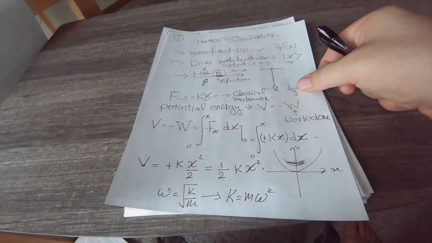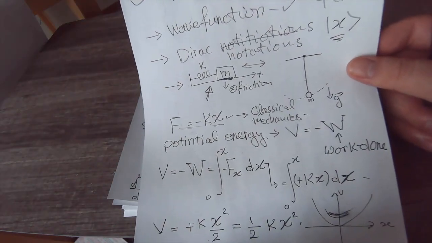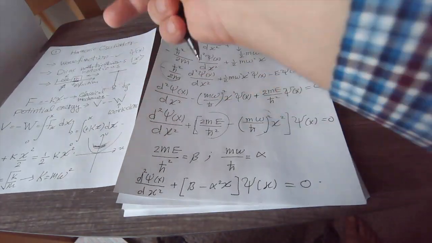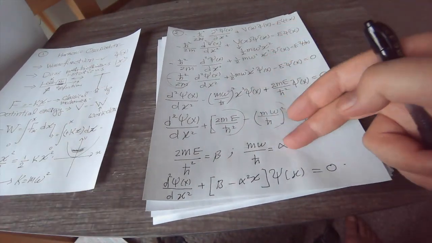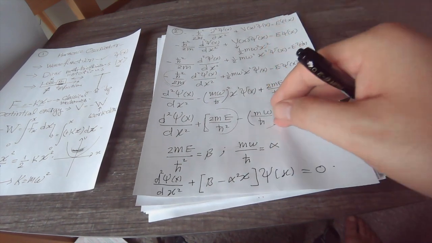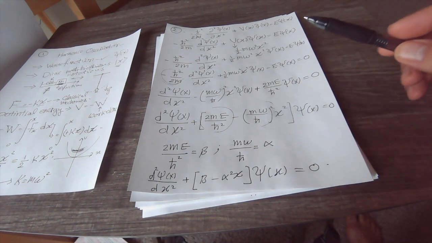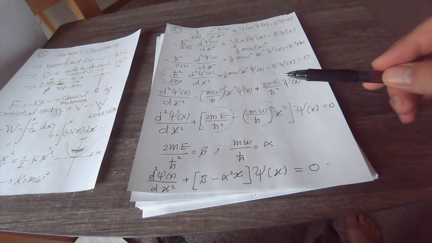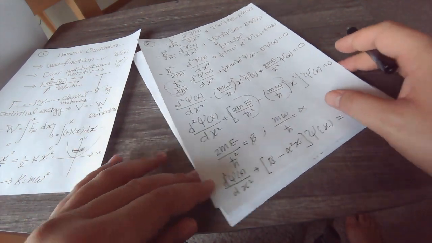So it is oscillating, guys, along the x-axis. So this is a problem in one dimension. It can be in 2 dimensions, it can be in 3 dimensions, so that's totally fine. But for simplicity, I prefer to have it just in 1 dimension.